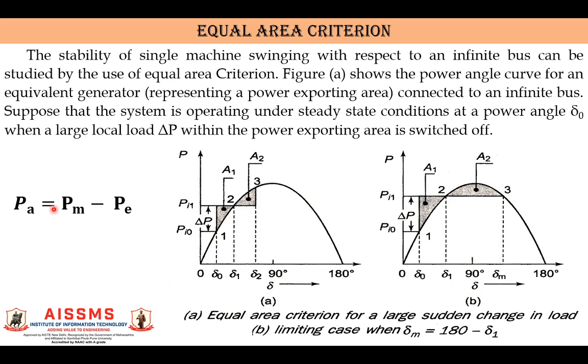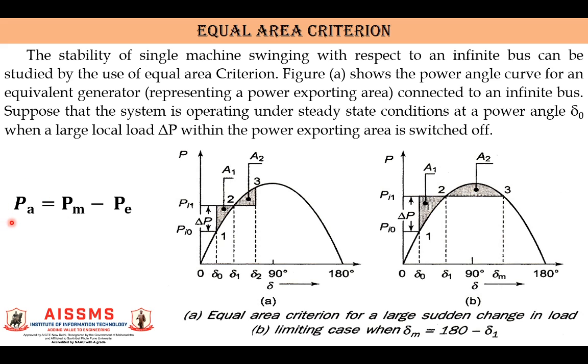So at the instant when the mechanical input changes from PI0 to PI1, we will see that PM is having a higher value than PE. So PM minus PE will be a positive value, that is, the accelerating power will be positive.